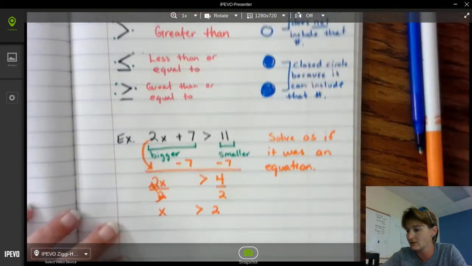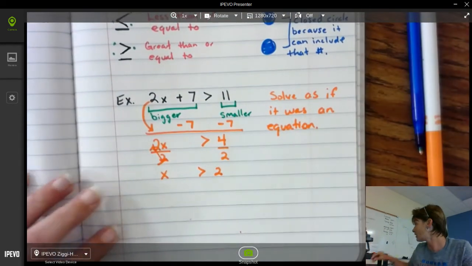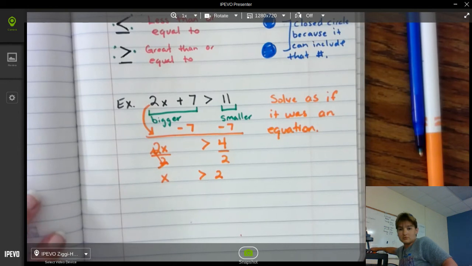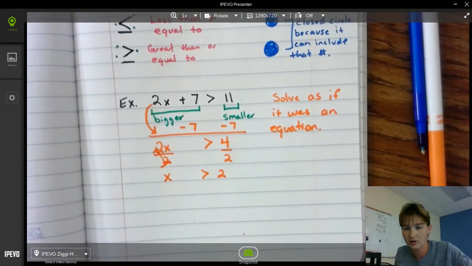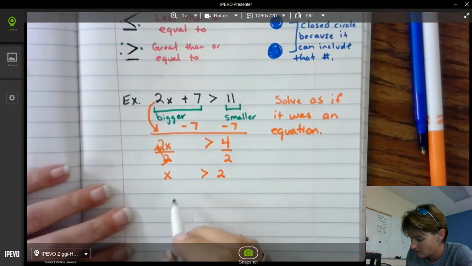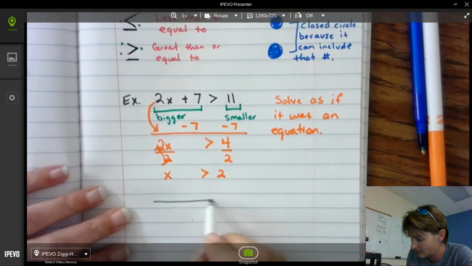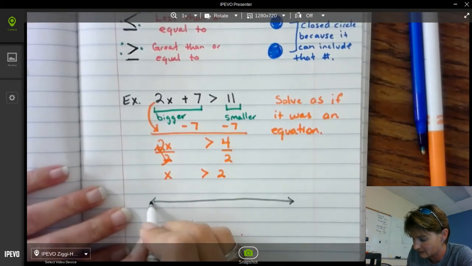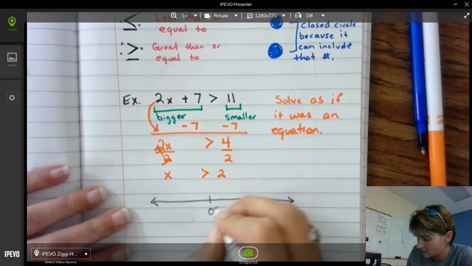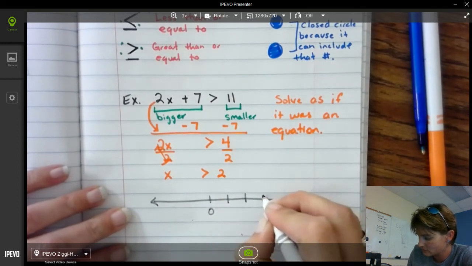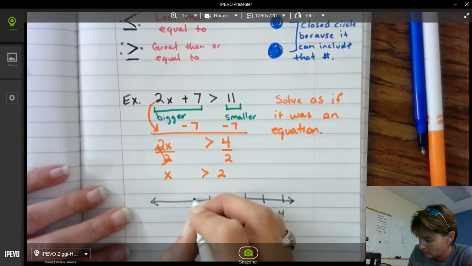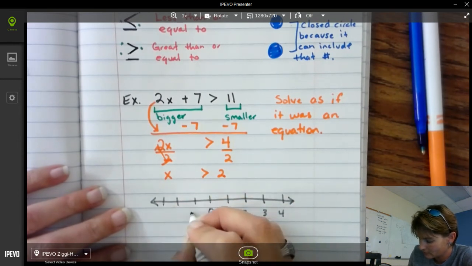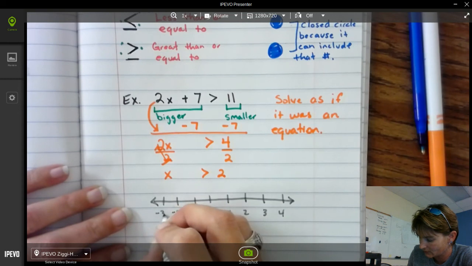Let's go ahead and look at what it would look like on a number line. Let me grab one of my other markers. On a number line below it, hopefully this will make it a little more sense. 1, 2, 3, 4. 1, 2, 3, 4. 1, 2, 3. -1, -2, -3.